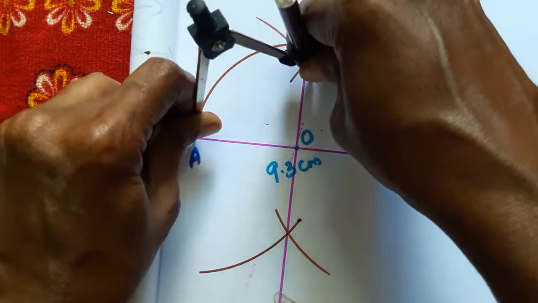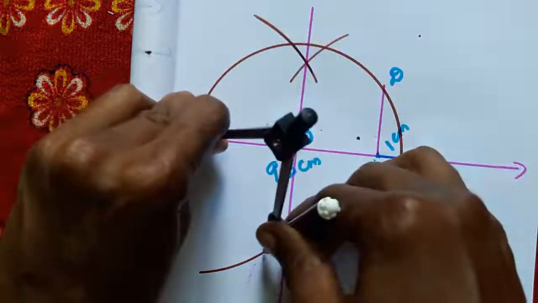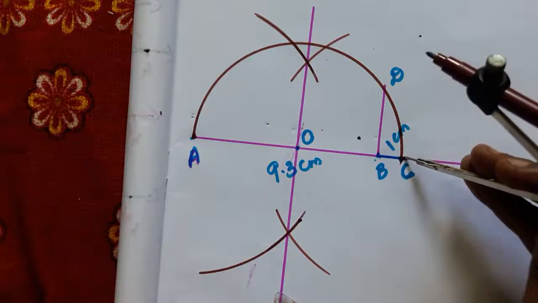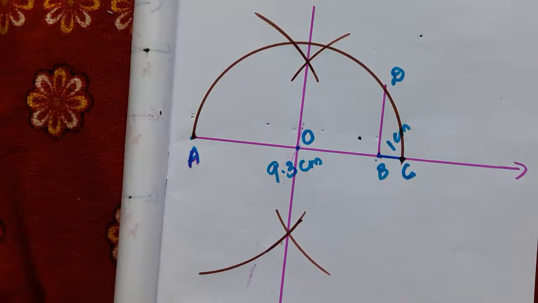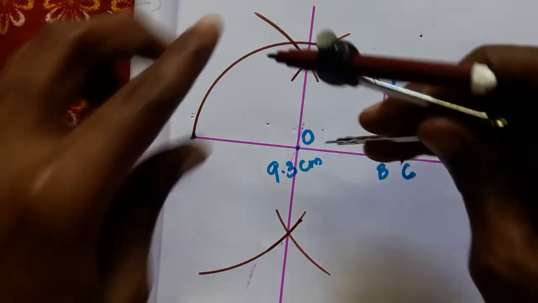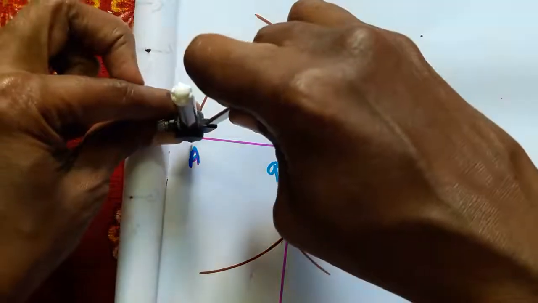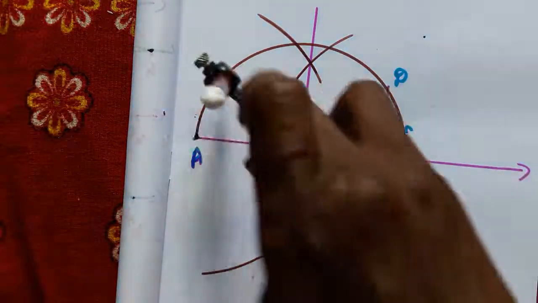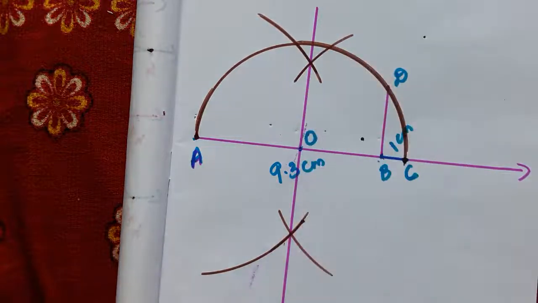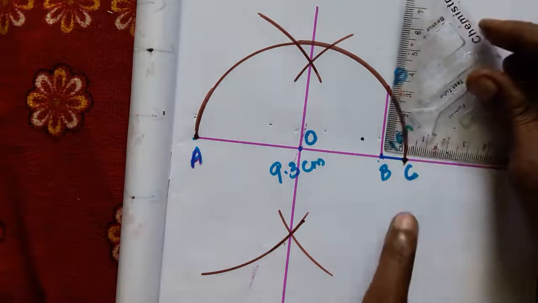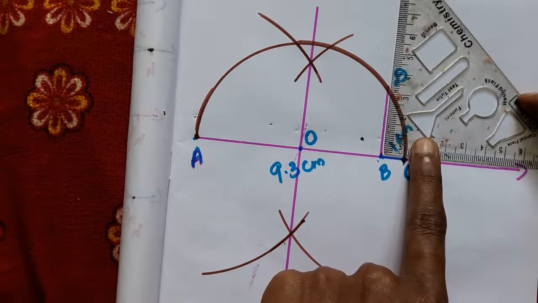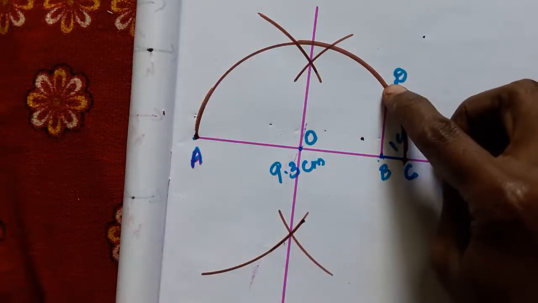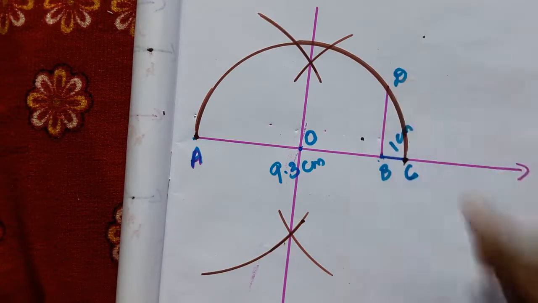Draw arcs up as well as down of this line, and from C also. Next join these points. Now OA is equal to OC. Draw an arc. Then draw a perpendicular line BD perpendicular to BC. This arc and the line meeting point is D.